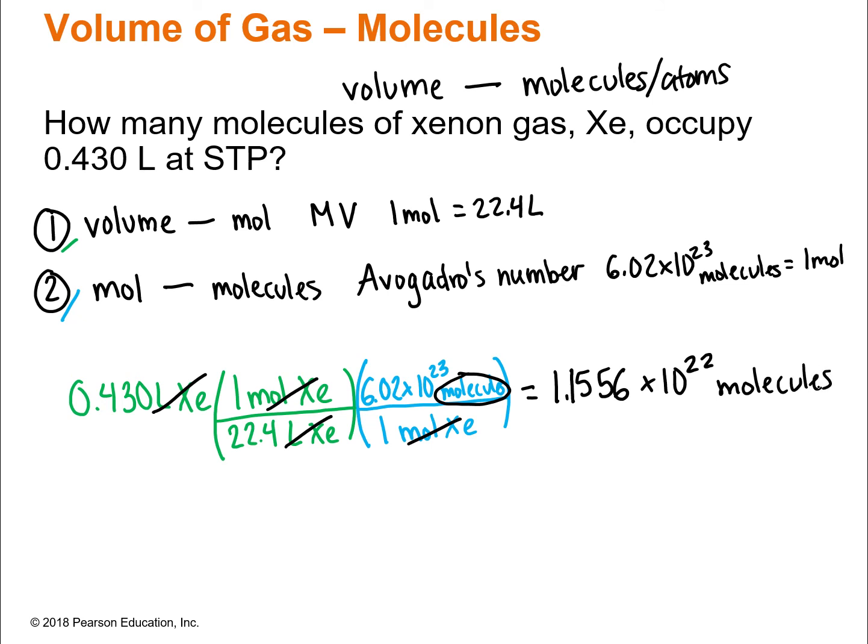Your calculator is going to give you something like that. We are rounding. You need 3 sig figs.